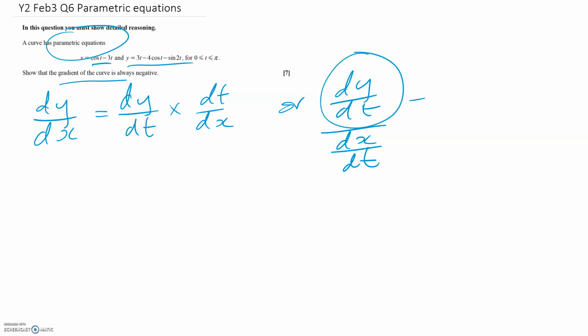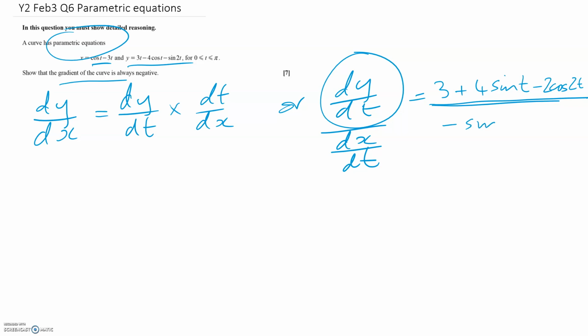So dy by dt, let's do that first. That will be 3 plus 4 sine t, and then minus 2 cos 2t. So that will be on the numerator. The denominator is the derivative of cos t minus 3t.